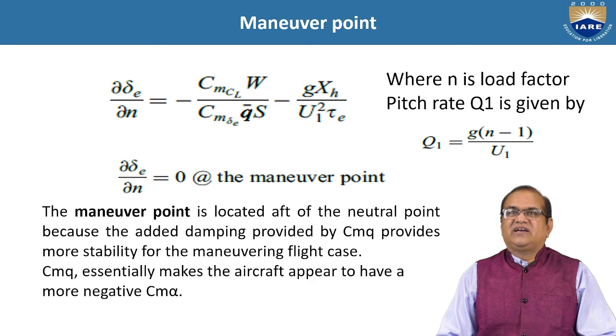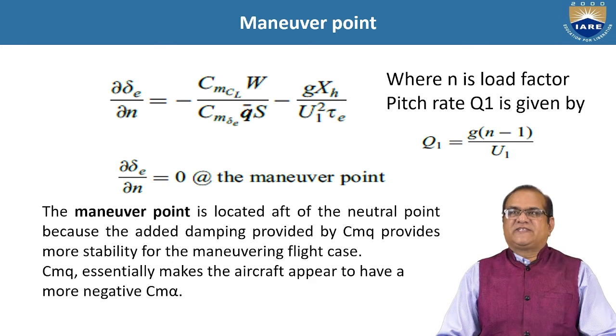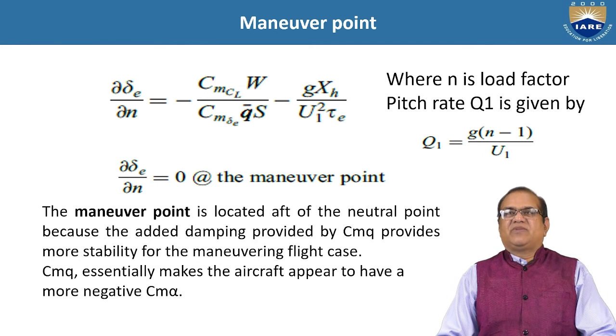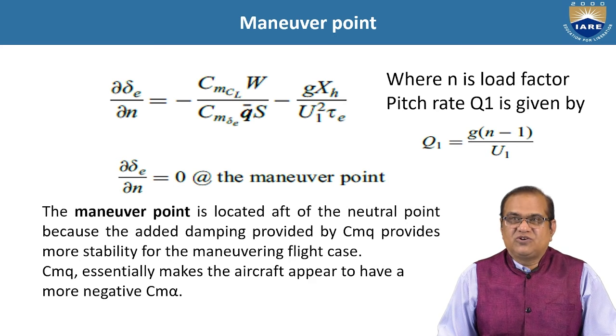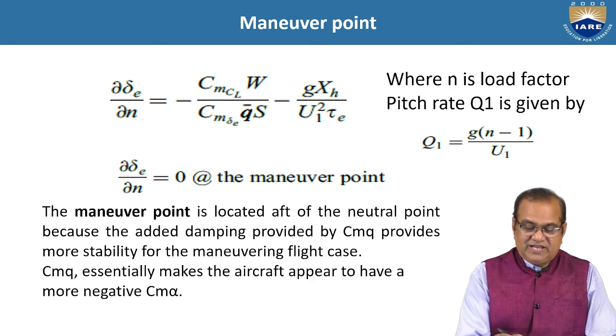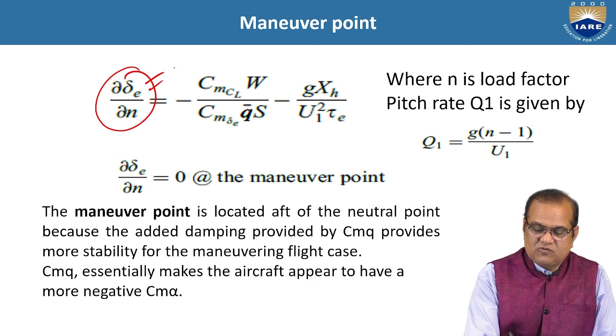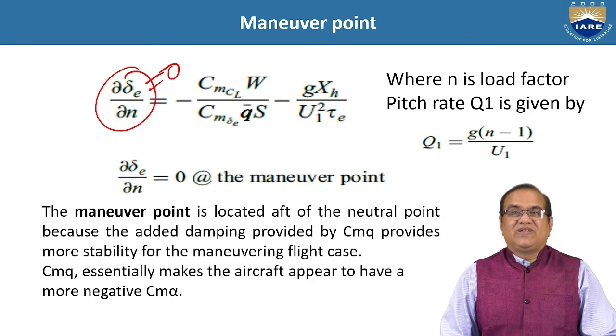So d delta E by d n is equal to 0 for the maneuvering point. So for the maneuvering point this value should be equal to 0 and then if we solve this we will get the maneuvering point.